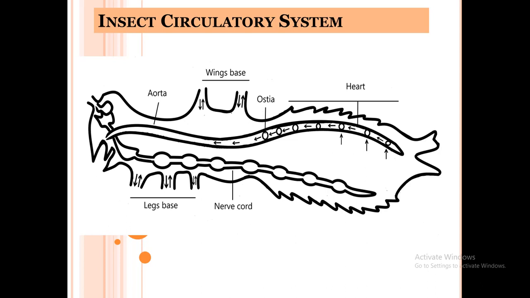In addition to the pumping activity of the heart, various accessory pulsating structures are also present to assist the movement of hemolymph. They are found at the base of the antennae, the base of the legs, the base of the wings, and maybe within the mesothorax and metathorax.